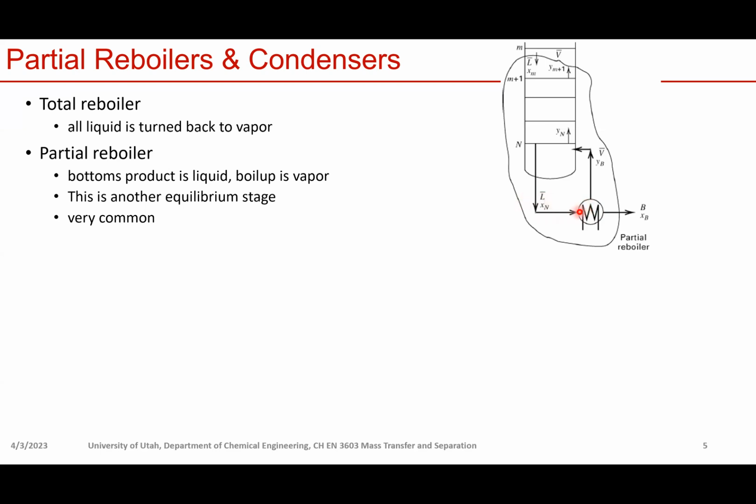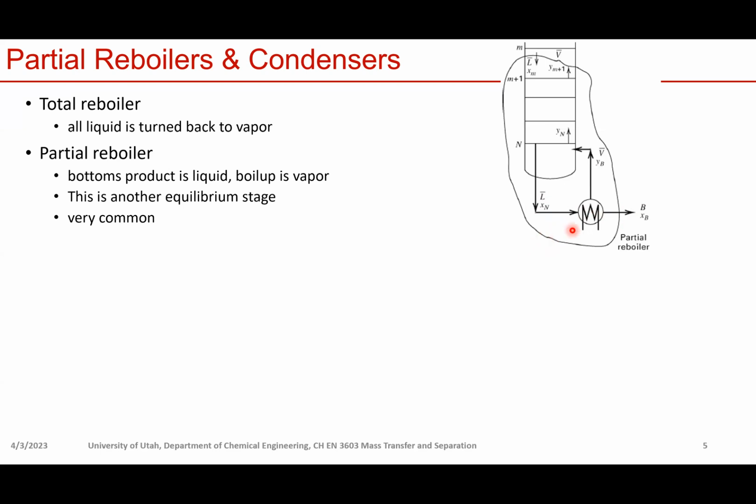If all the liquid is boiled up and becomes vapor, then you have a total reboiler. In this case, the boil-up vapor and the bottom are both vapor, and they have the same composition: YB equals XB and equals X, the composition of the liquid feed.